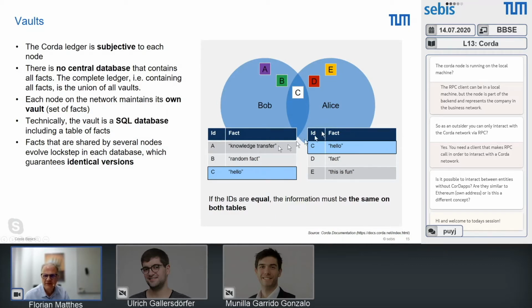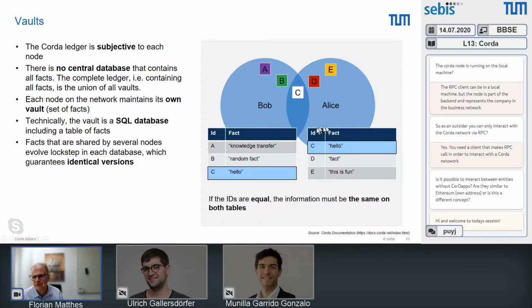So Bob maintains its own local vault, here A and B, and it shares a vault with Alice, which also has its own vault, but also shares a vault with C. If objects have a certain identity and are in the shared vault, the system makes sure that whenever you read it on any of these machines, you get the same value.